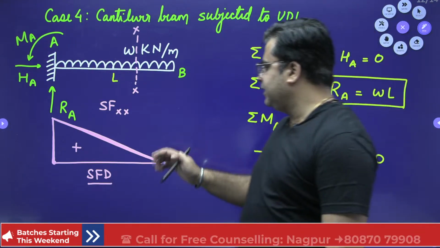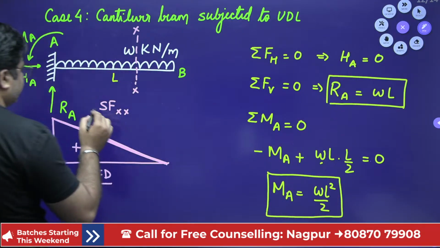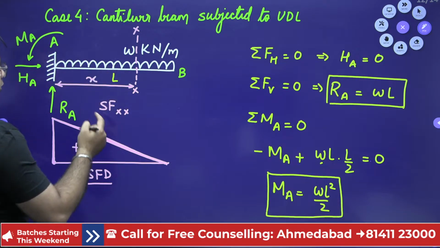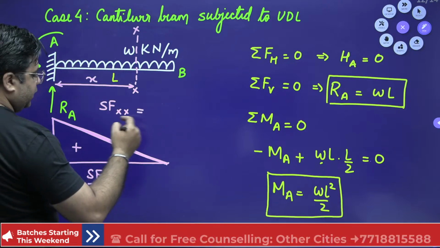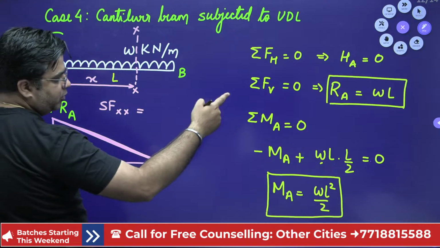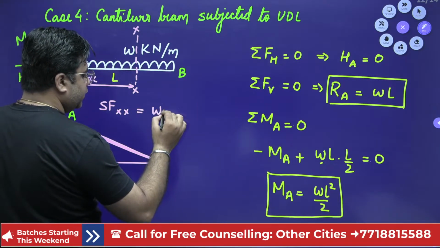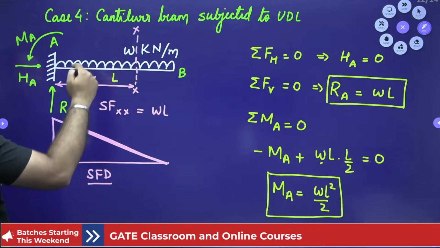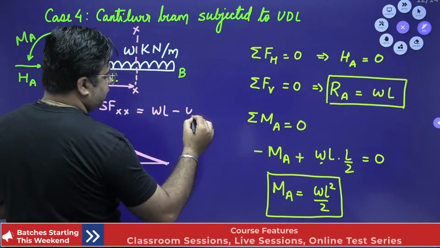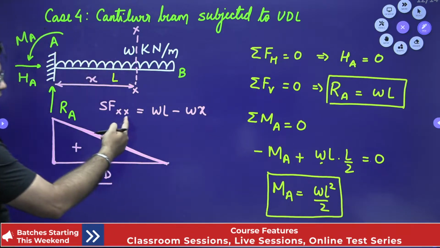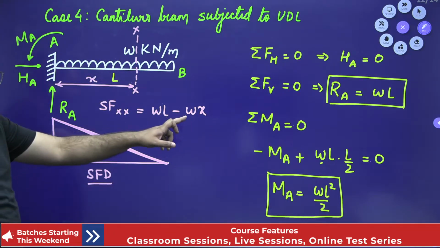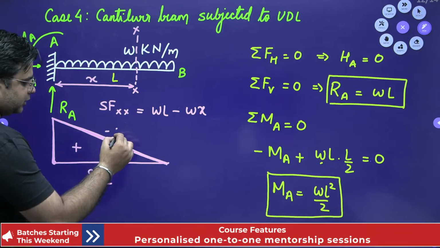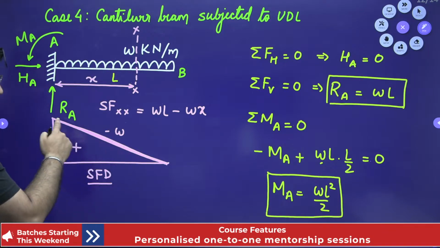Even if you write the shear force equation for this distance x, it will be RA, and RA is WL, minus this load, which is W into X. So clearly this is a straight line equation with a negative slope of minus W. The slope of this line is minus W.